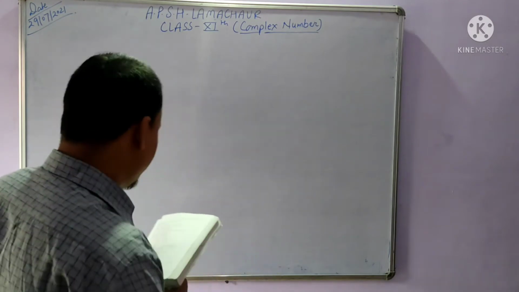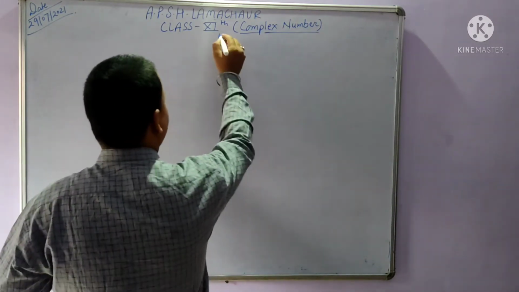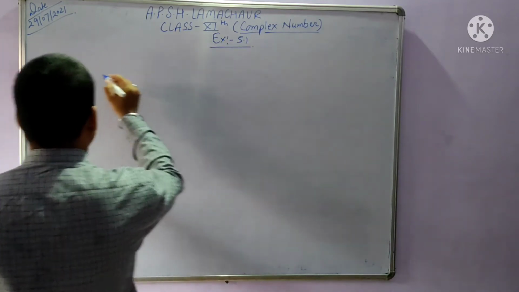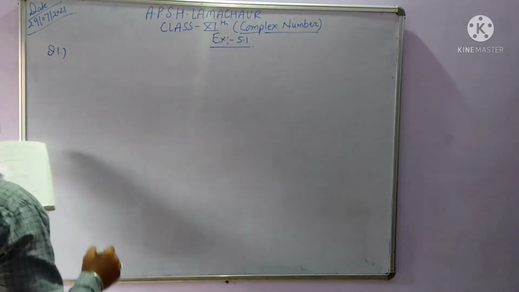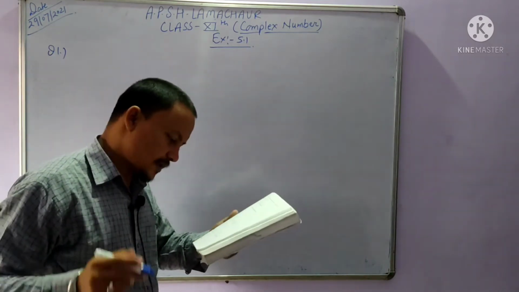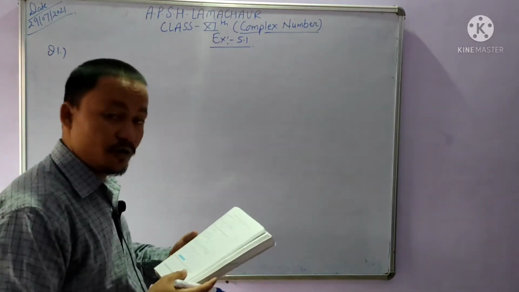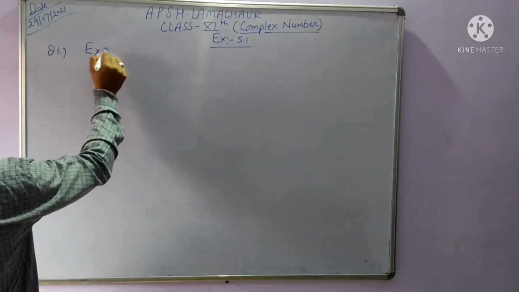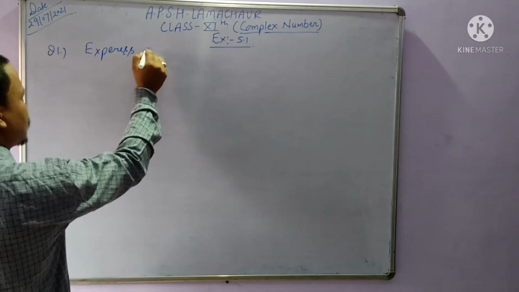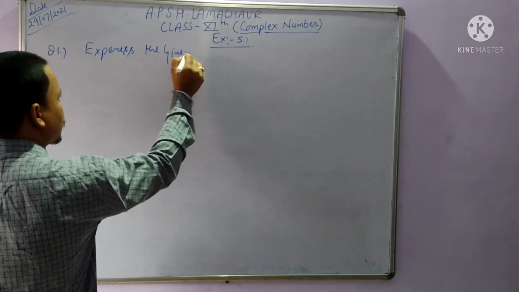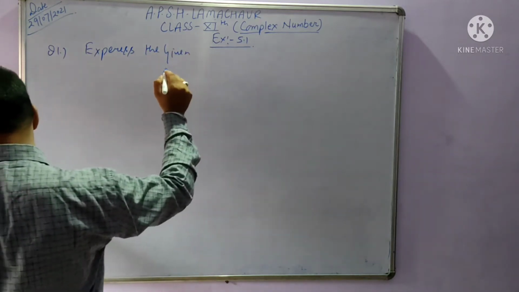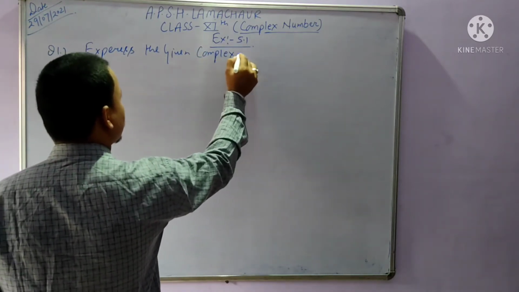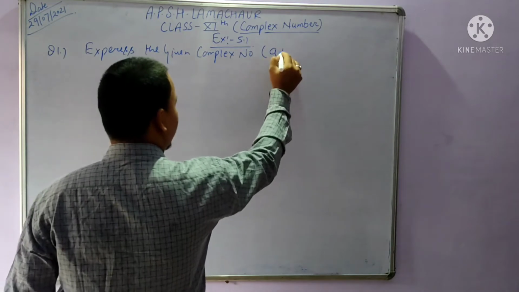The very first question is: express each of the following complex numbers given in exercises 1 to 10 in the form of a plus ib. What we have to do here is express the given complex number in the form of a plus ib.